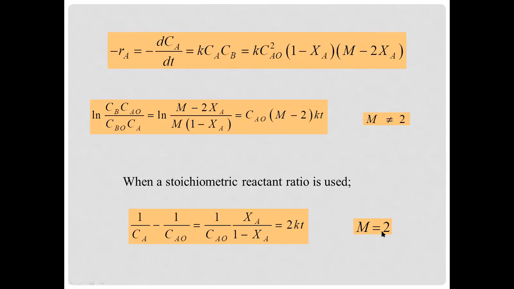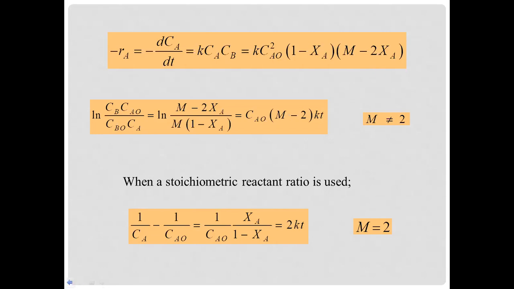This m equal to 2 tells you that your CBO over CAO is equal to 2, meaning the value of CBO is twice of CAO. So meaning your m is equal to 2. Okay? This is a special case. If m is equal to 2, you have this. If m is not equal to 2, meaning if it assumes any other value other than 2, this will be the formula that you will use for the third case.